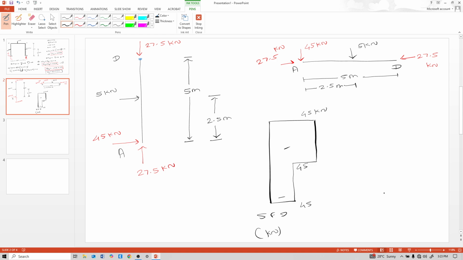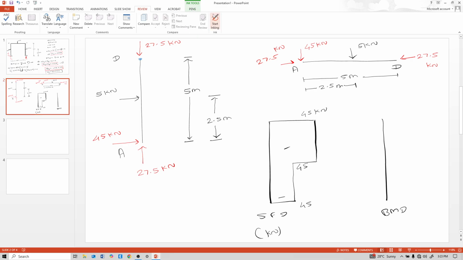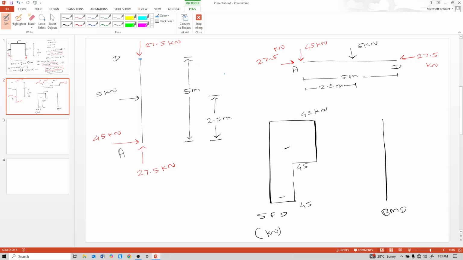Now draw the bending moment diagram also here. This is a support, hinge support. So at hinge support, 0 BMD. So here 0 BMD. So see, this is downward. Now calculate BMD at this point. So this is anti-clockwise.